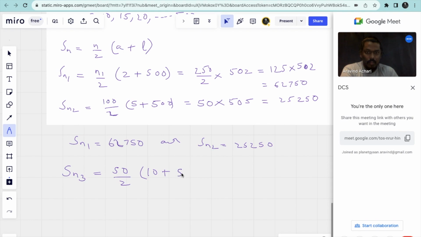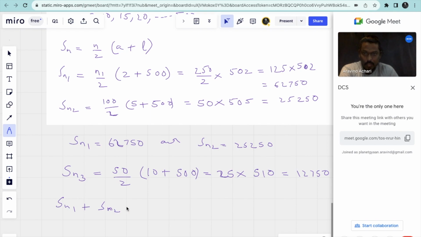The last number has to be 500. So 50 divided by 2 is 25. So 25 multiplied by 510, correct? Which is equal to, now let us multiply 25 and 510. So it is 12750, correct?